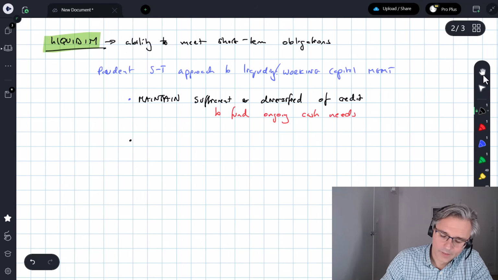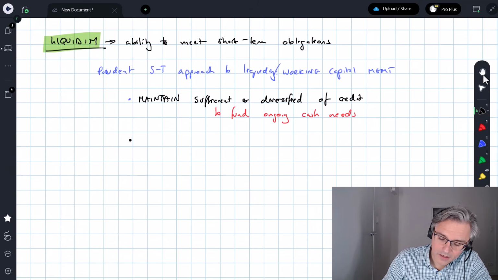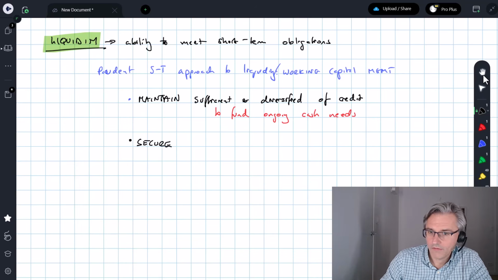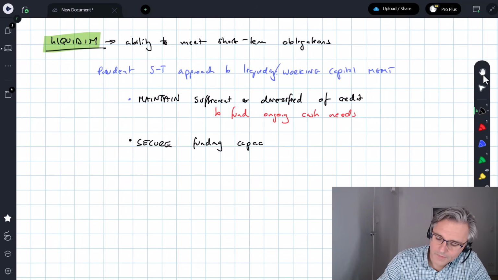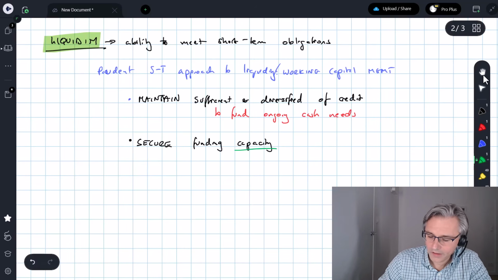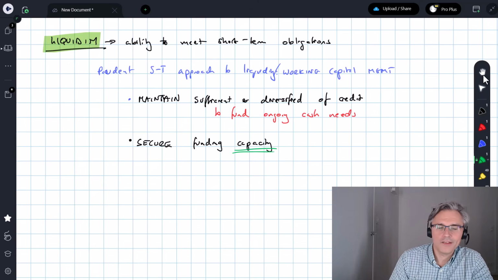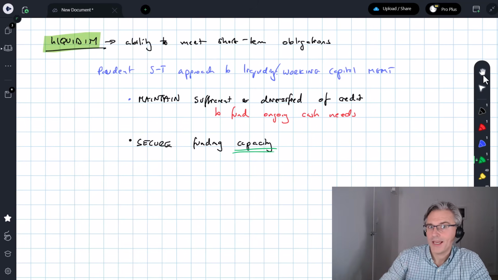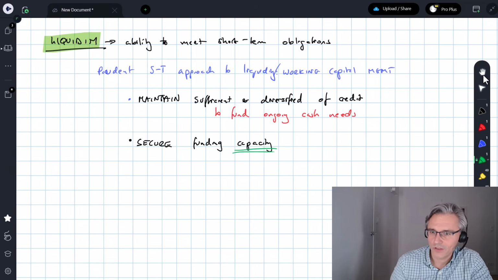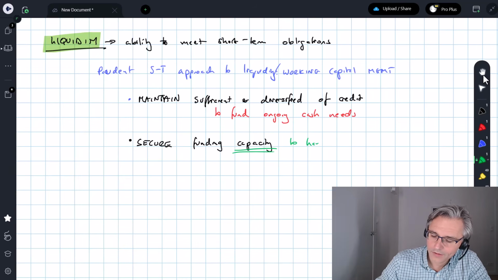Now, the second sort of commandment here is secure funding, but this time funding capacity. So have a buffer, have somewhere like a cushion, right, which you can tap into, an extra source you can tap into to handle changing cash needs.